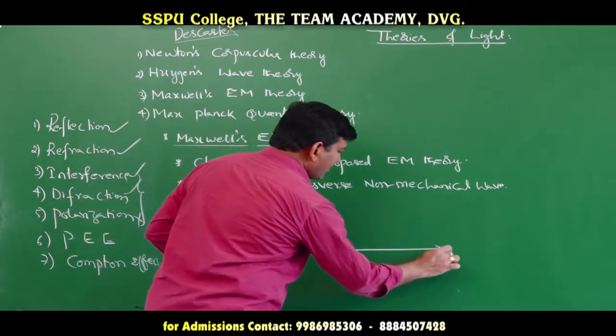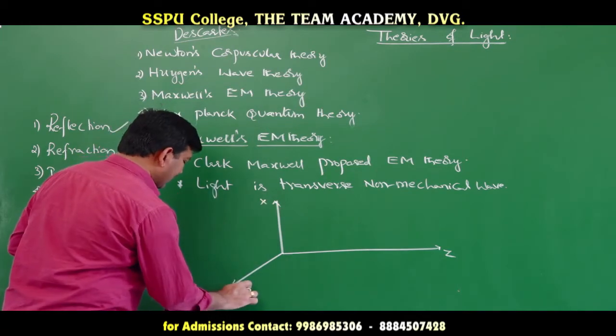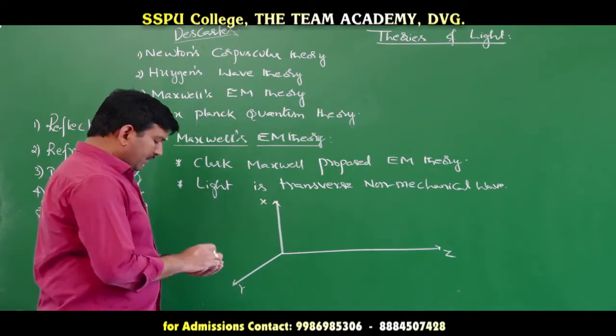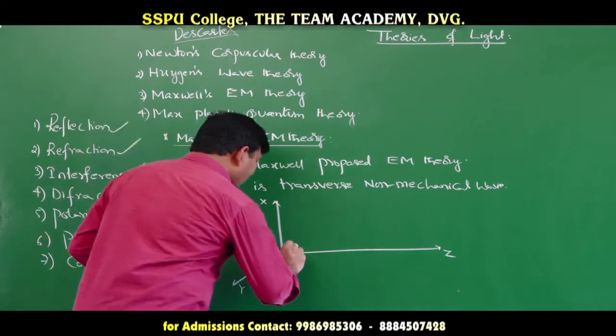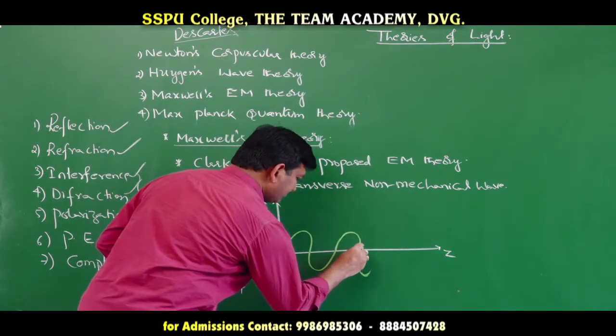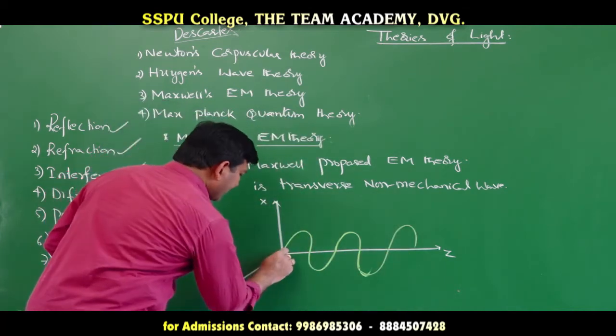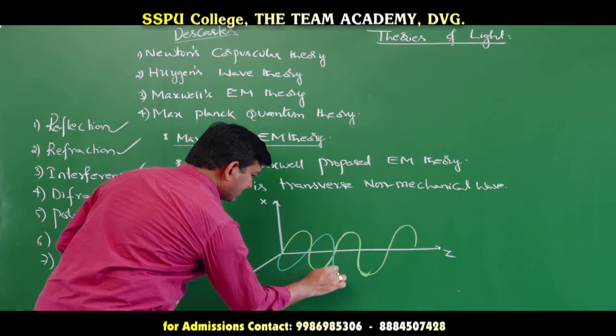Suppose the wave is traveling along the z axis, this is the x axis and this is the y axis, which are mutually perpendicular to each other. If this represents the electrical wave, then the magnetic wave will be represented like this.